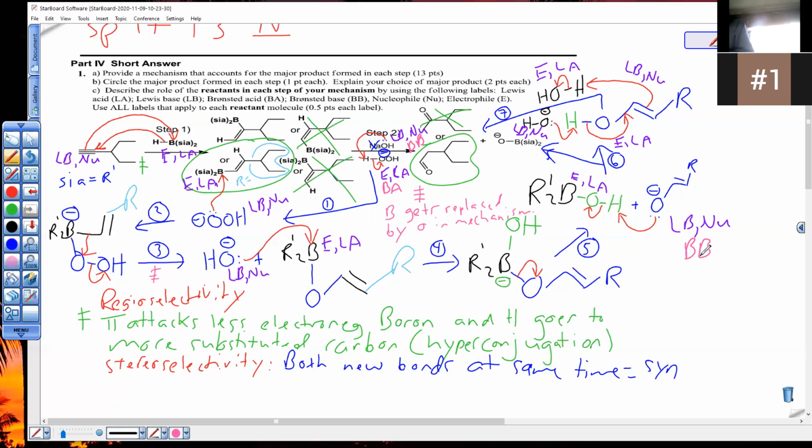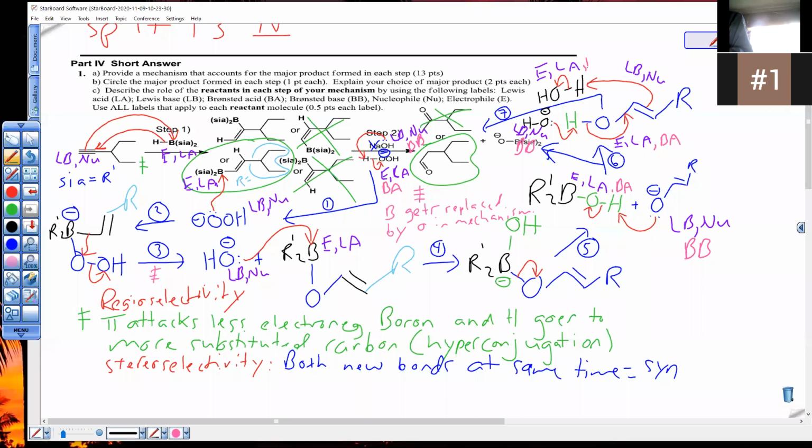It's a base. Base that's getting attacked. Bronsted, sorry, an H. H that's getting attacked. A proton is what we call that, right? Bronsted. Here we are attacking a proton. That's a Bronsted base. Here, it's a proton being attacked.